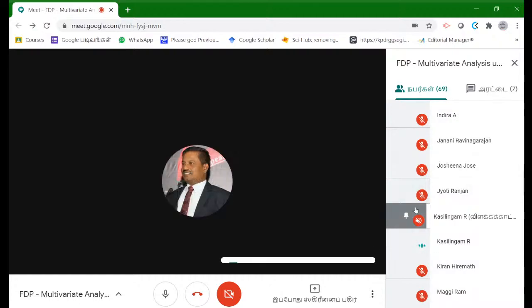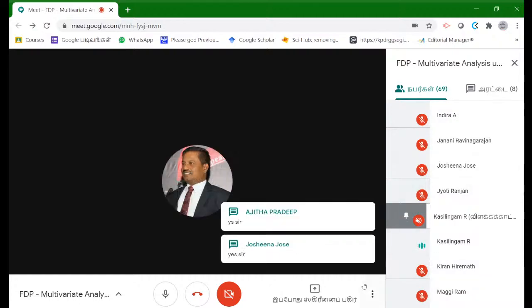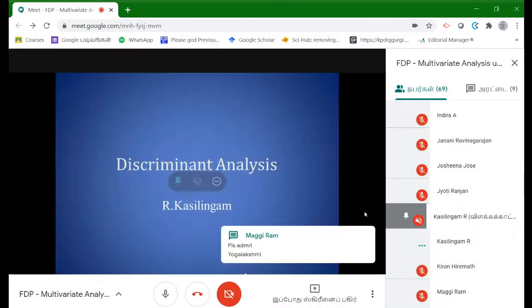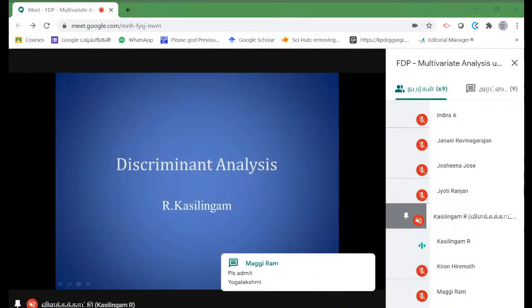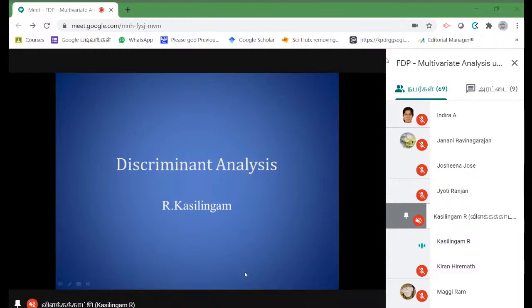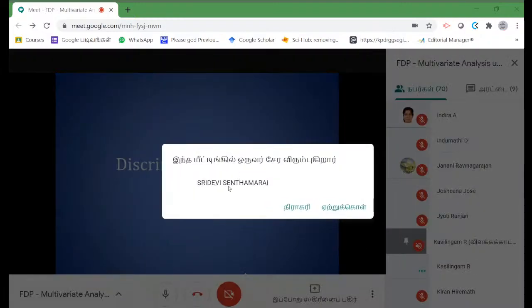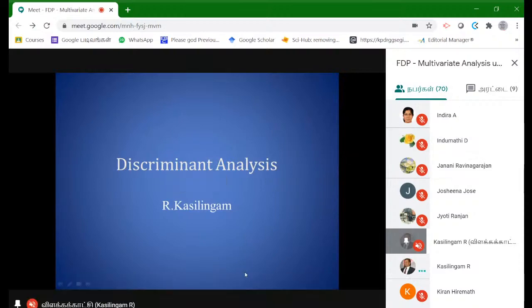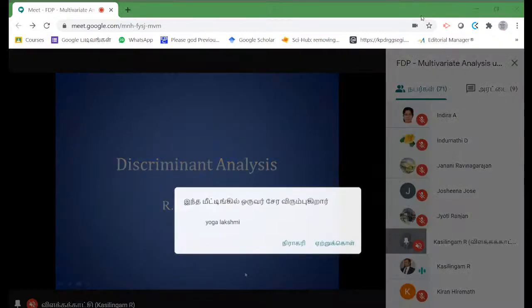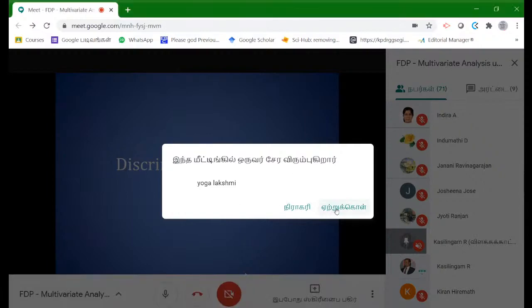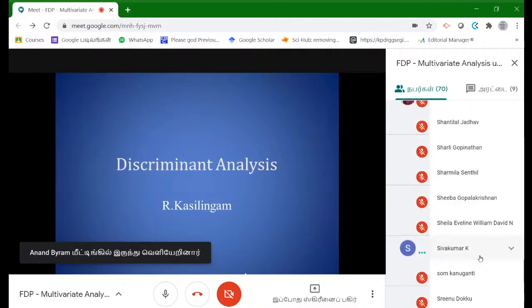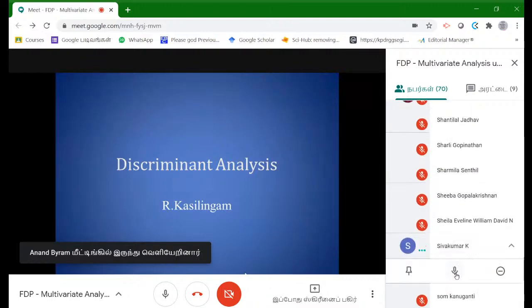Today we are going to talk about discriminant analysis. This is one kind of prediction technique, like regression. In regression, we have used our dependent variable metric and independent variable metric, and if it's a dummy variable regression, we will use an independent variable category.